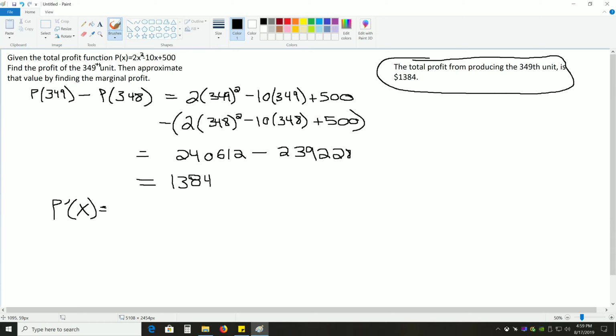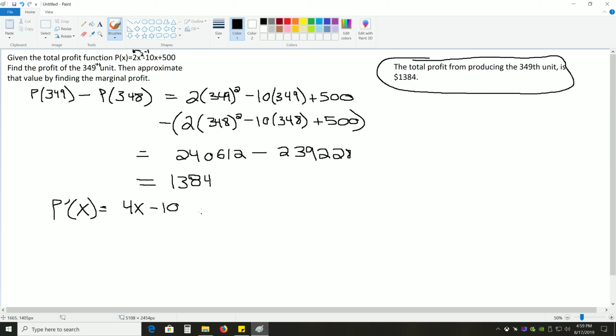The derivative of 2x squared, remember we multiply the exponent out front and subtract 1 from it, gives us 4x. The derivative of negative 10x is just the number in front of the x. Whenever you just have an x, the x goes away, leaving us with minus 10. And the derivative of that 500 is just 0. The derivative of any constant is just 0.